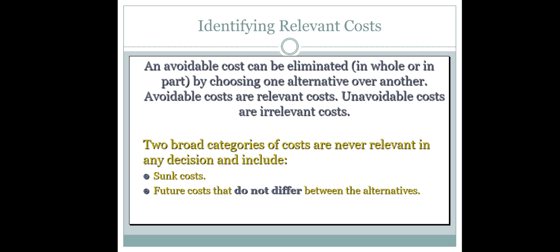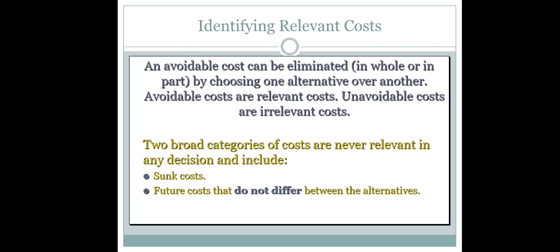So future costs that do not differ between the alternatives are like this. Let's say every month you pay rental for your shop. Every month you pay $1,000 rental for your shop. Now you have a machine, and you want to make a decision whether to sell the machine, modify the machine, or use the machine.